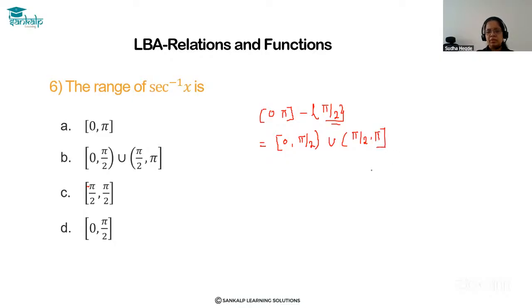Got it right? So you just need to remove pi by 2 from closed interval 0 to pi. Therefore, option B, closed 0, open pi by 2 union, open pi by 2, comma, pi. Got it right?